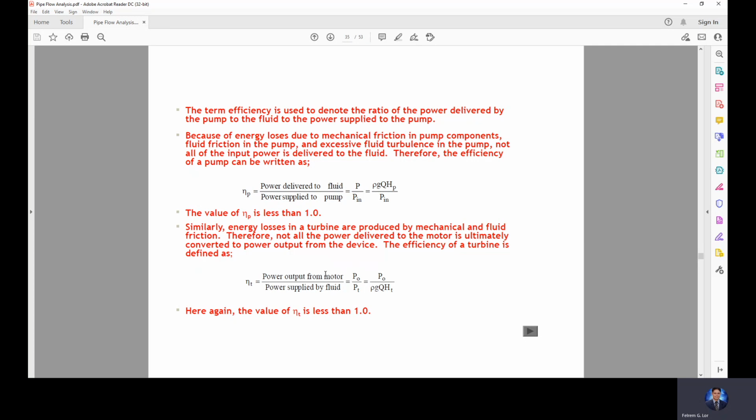I think I've discussed everything so far. I replayed some parts myself. Just replay it, or read the book, or you can PM or send a message in MS Teams, in the post, to ask about that portion. Okay? So that is the concept of efficiency.